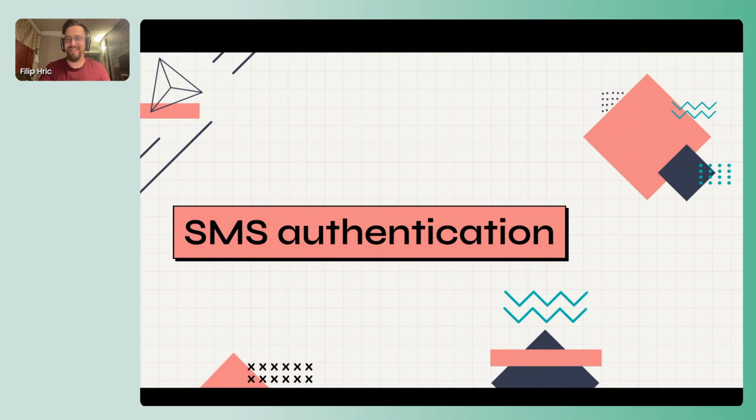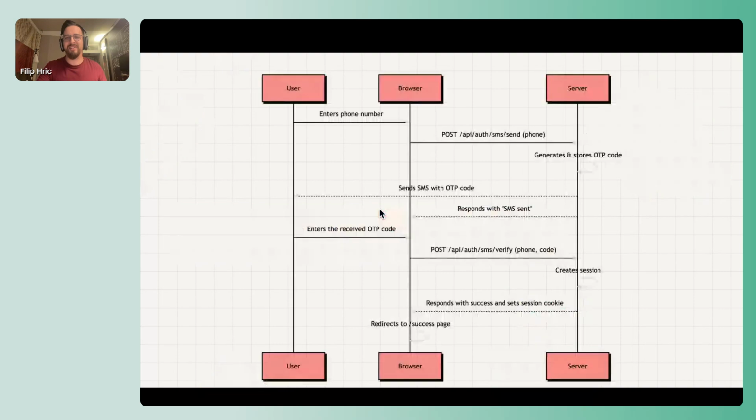Let's go to something more intricate, because some systems use your phone for the second factor. You need to have SMS authentication. In those cases, the whole flow looks very similar to what we have in email.